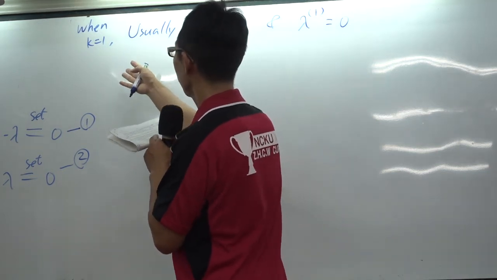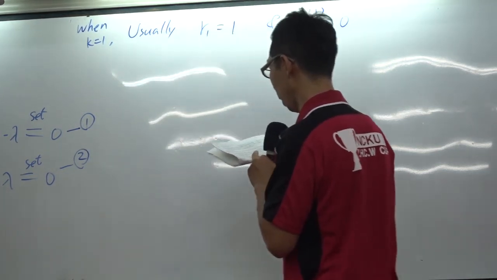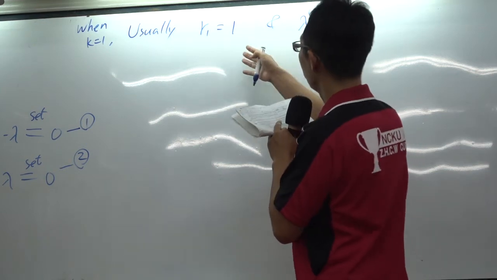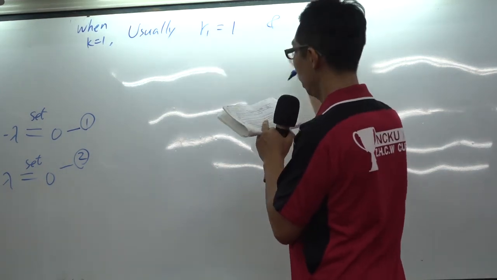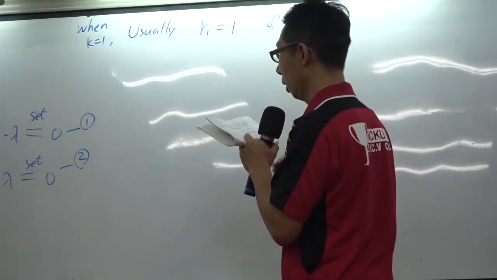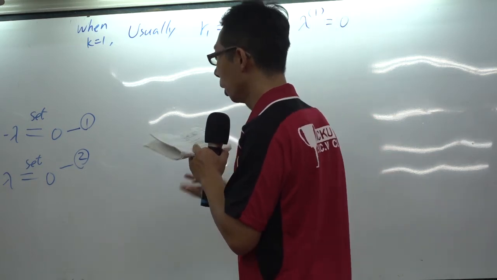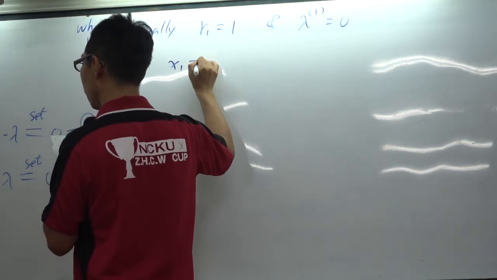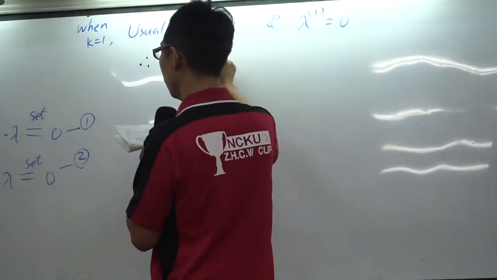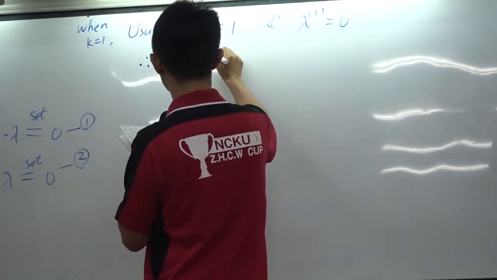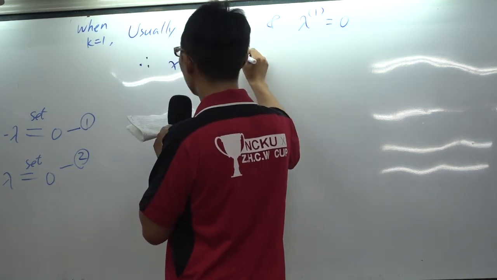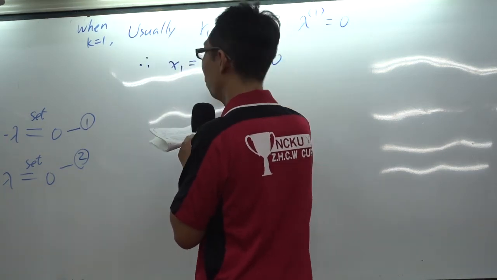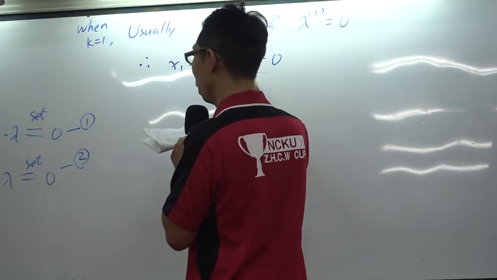So now, k equals 1, and I have chosen R1 and lambda. Let's just plug in. So x1 equals 10 times 1 minus 0, divided by 28 plus 10. It's very easy.